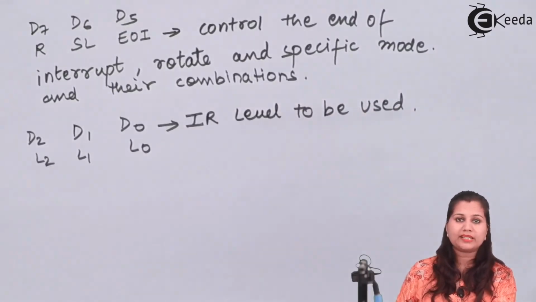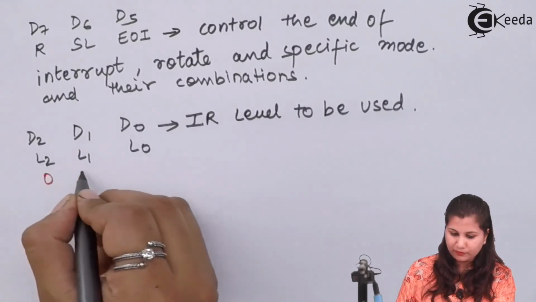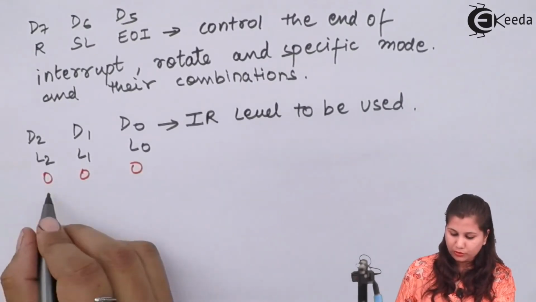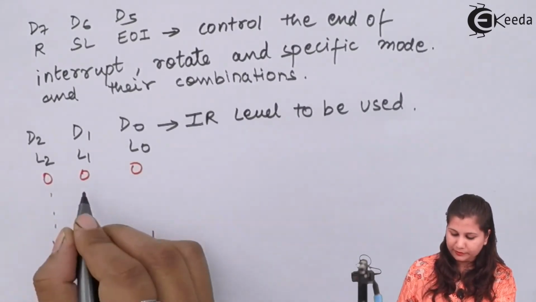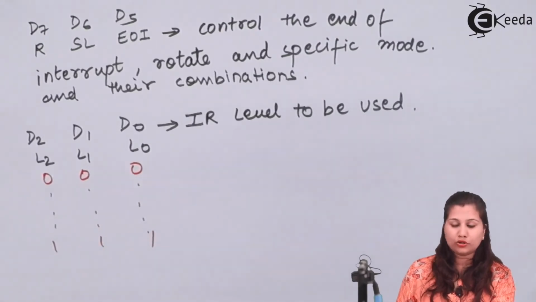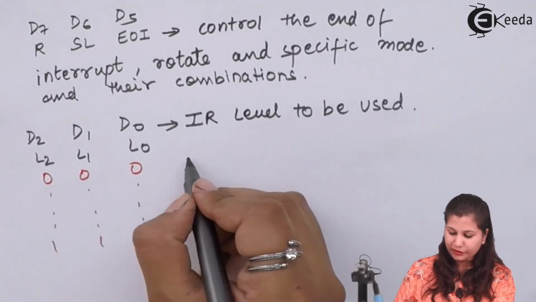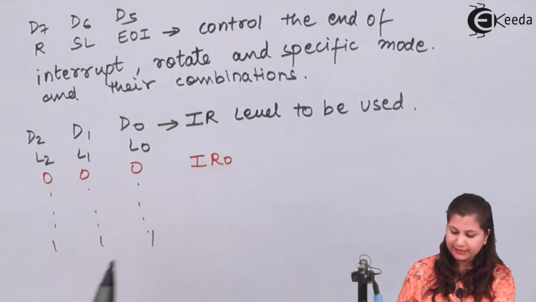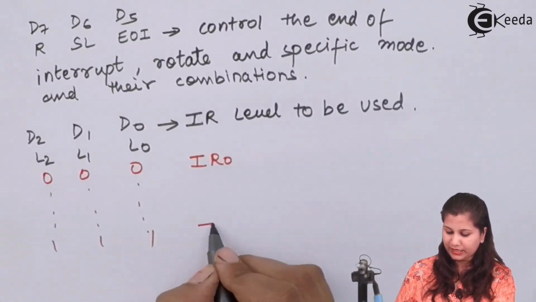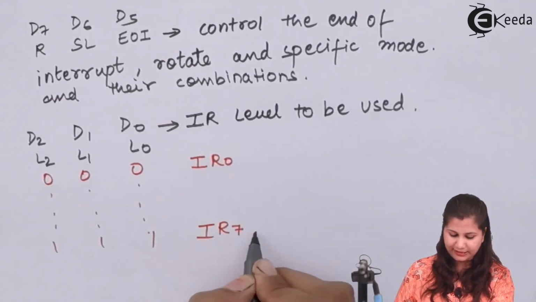They can have different combinations from 0 0 0 to 1 1 1. If it is 0 0 0, then the first interrupt request, IR0, is selected. If it is 1 1 1, then IR7 is selected.